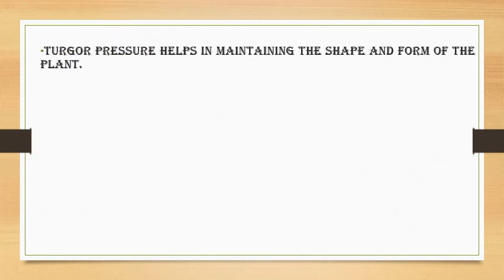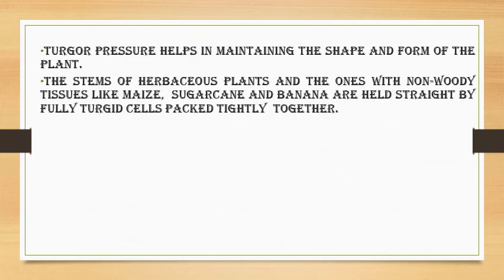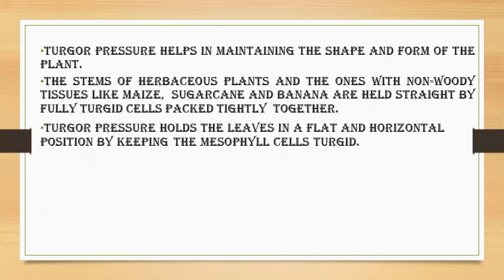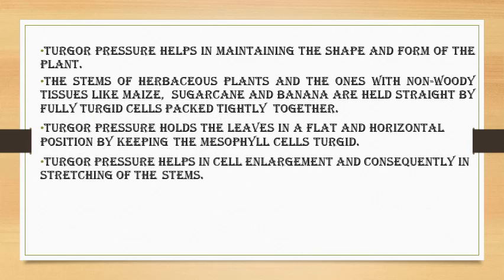Turgor pressure helps in maintaining the shape and form of the plant. The stems of herbaceous plants and the ones with non-woody tissues like maize, sugarcane and banana are held straight by fully turgid cells packed tightly together. Turgor pressure holds the leaves in a flat and horizontal position by keeping the mesophyll cells turgid.